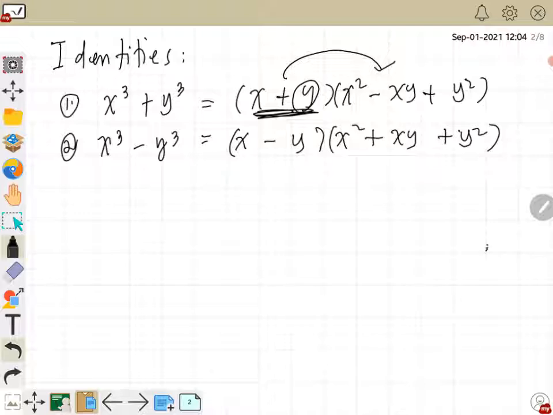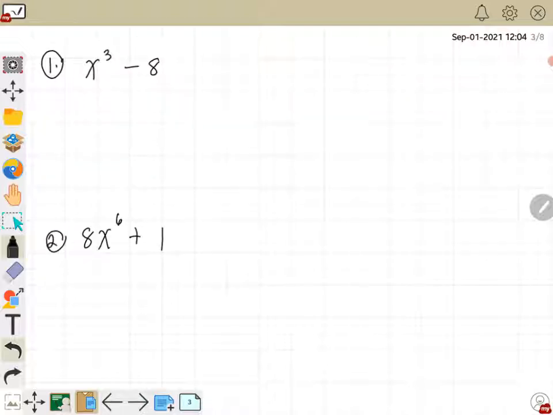Let's apply this identity in our examples. Let's factor x cubed minus 8. We know that x cubed can be factored into x times x squared. Again, x cubed is a cube, 8 is a cube, because 8 is 2 times 2 times 2.